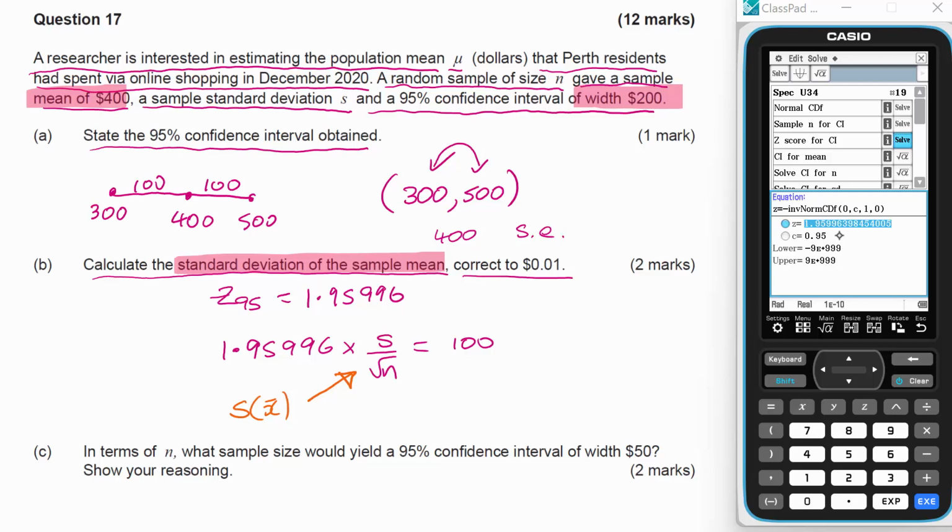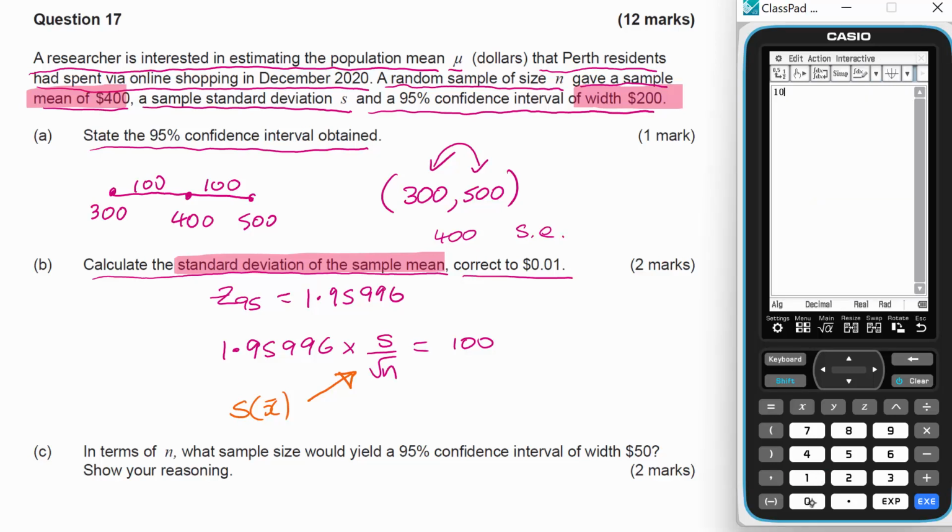So it's just going to be 100 divided by 1.95996. So 100 divided by 1.95996 is 51.02.